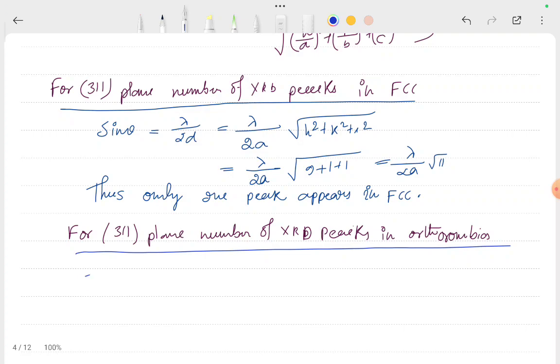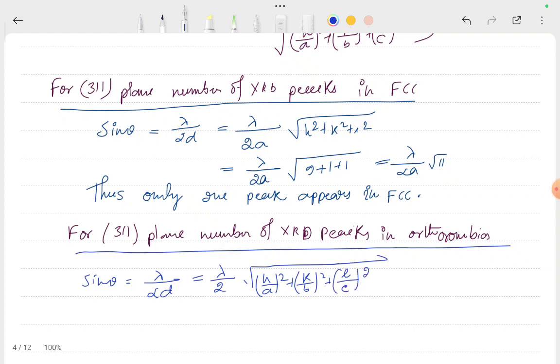Okay, so sin theta equals lambda upon 2d, and this equals lambda upon 2 into 1 upon square root of h by a whole square plus k by b whole square plus L by c whole square.